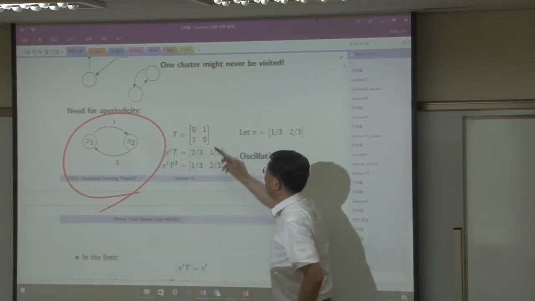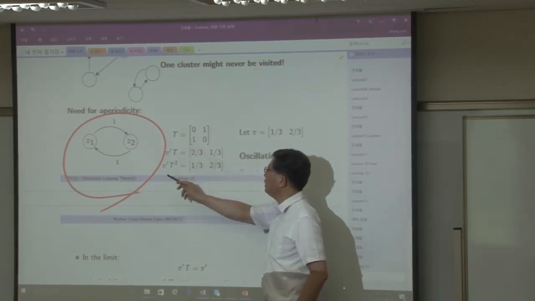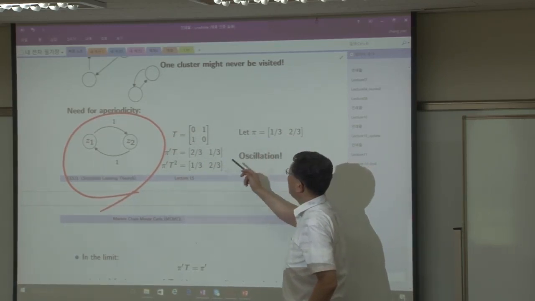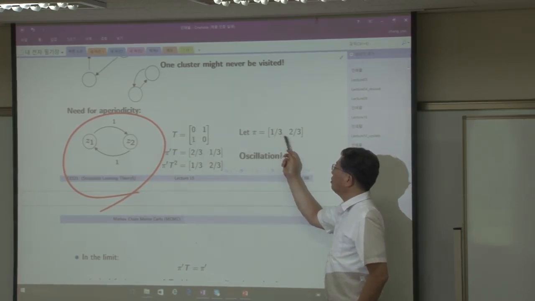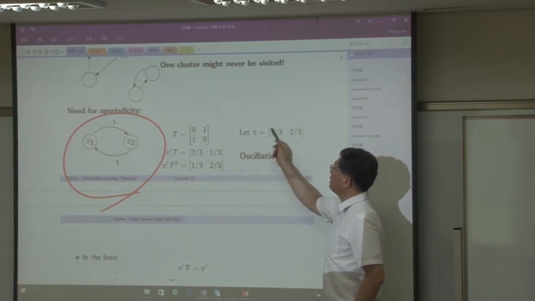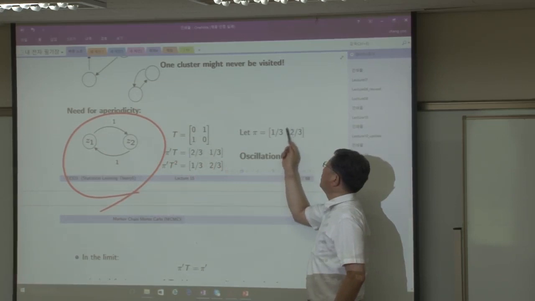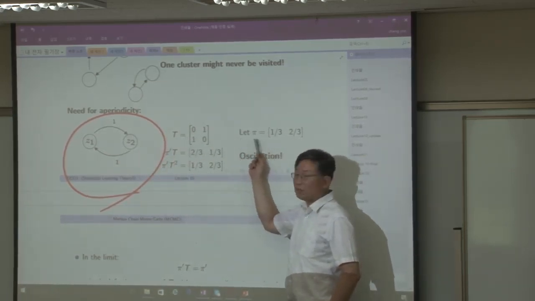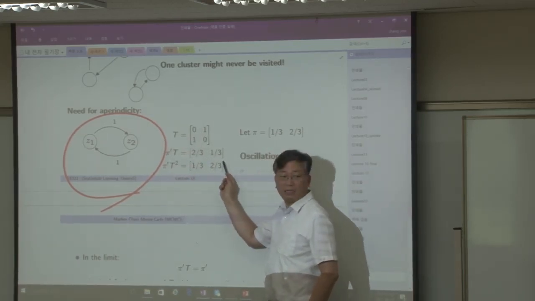Here is an example of that. If you start with T, and pi is 1/3, 2/3, that means you start with probability 1/3 at Z1 and probability 2/3 at Z2. If I start like that and multiply by this transition, I get that.